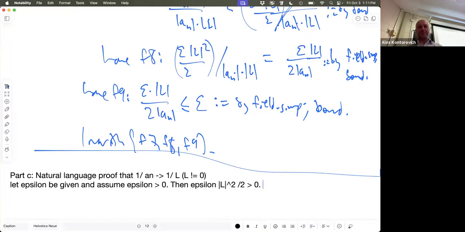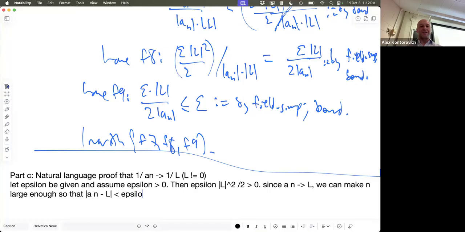All right, so that's obvious. Since AN goes to L, we can make little n large enough so that AN minus L is less than this epsilon L squared over 2. We don't have to be explicit about this N1, N2.